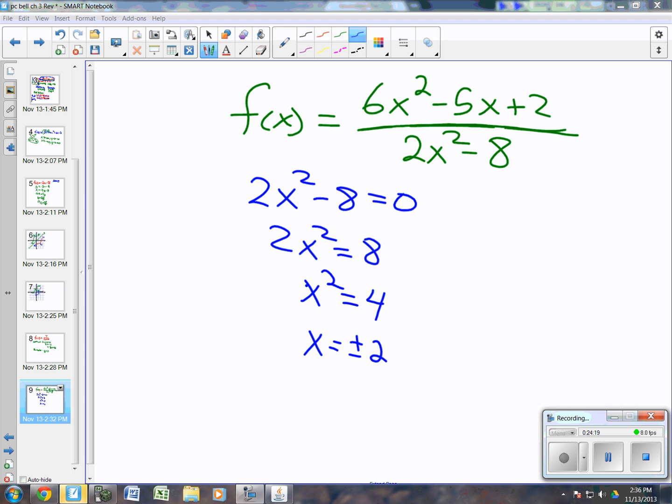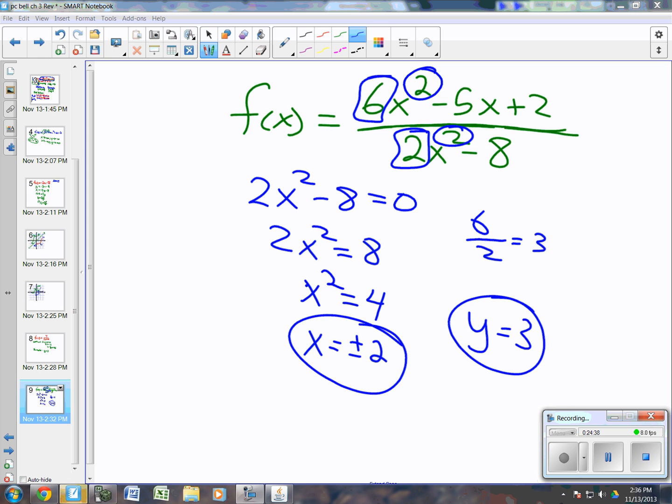So there's your 2 vertical asymptotes, positive 2 and negative 2. Guys, when the degree of the top is the same as the degree of the bottom, in this case they're both x squared, there's a horizontal at 6 divided by 2, whatever the coefficients are. You divide them. 6 divided by 2 is 3. So there's a horizontal at y equals 3. And 2 vertical right there.